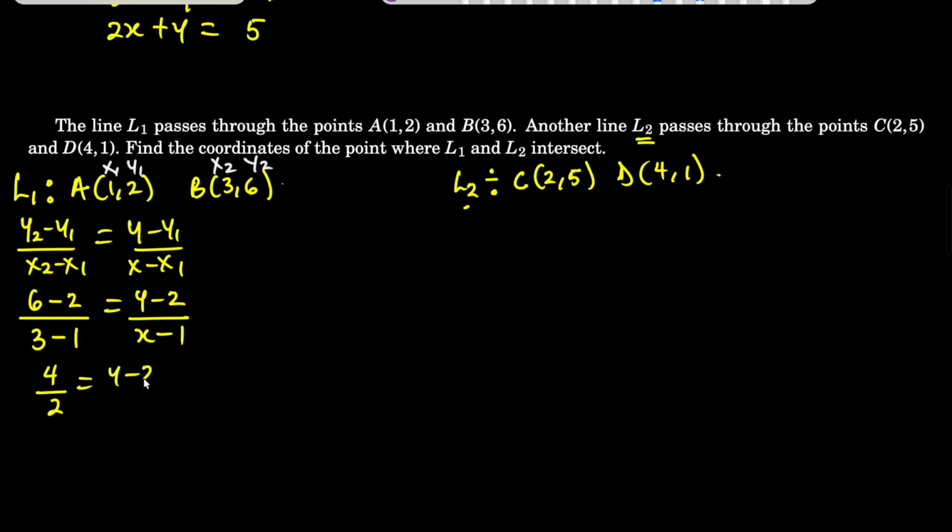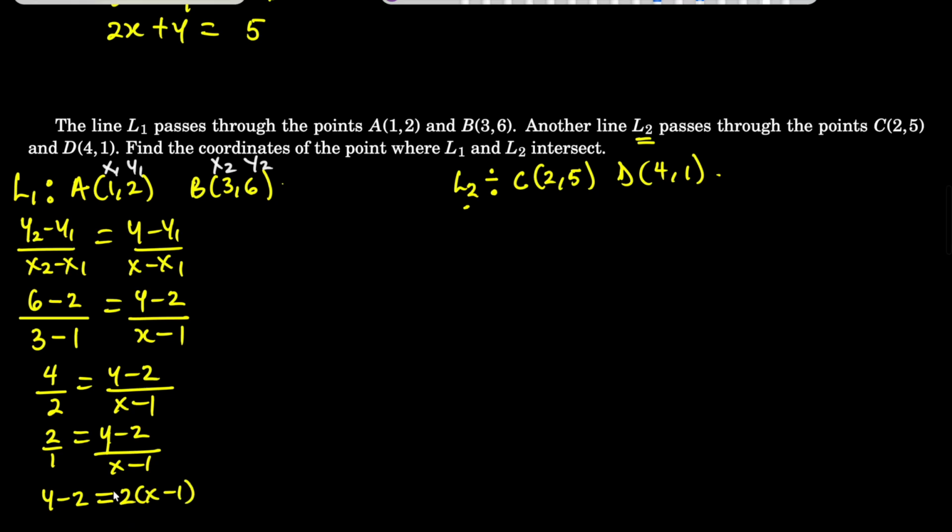Clearly, 2 can divide 4, so we have 2 over 1 equals y minus 2 over x minus 1. When you cross multiply, you have y minus 2 multiplying 1, so that's y minus 2. And for this, because this is 2, you have to use your bracket, x minus 1.